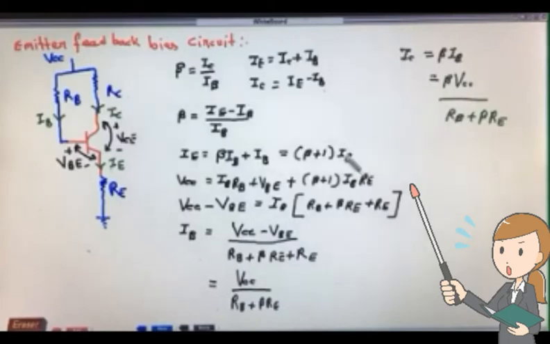So this value will be equal to VCC upon RE plus RB upon beta.